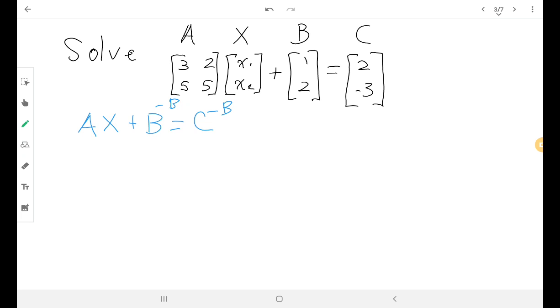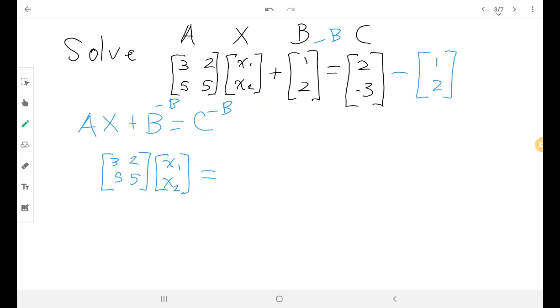So what that'll give me is this AX, so 3, 2, 5, 5, times matrix X, X1, X2, equals, and then I just need to subtract these. So I'll subtract B, which will subtract matrix B over here, 1, 2.